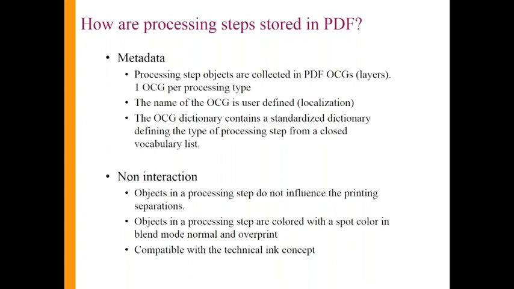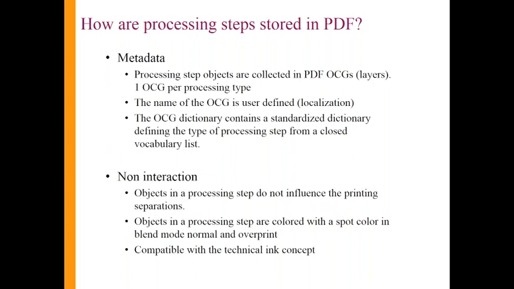For the most common types of processing steps, that means that the objects are limited in the PDF constructs that you can use to color them. For instance, one of the rules says that the processing steps for cutting need to have a stroke with a spot color that is not used as a printing separation.